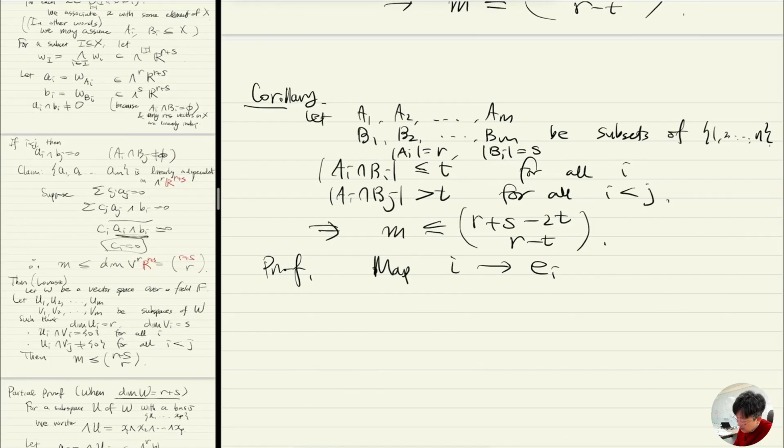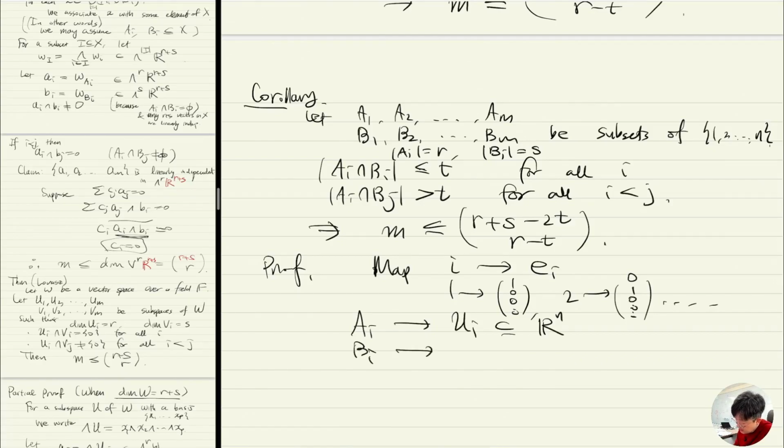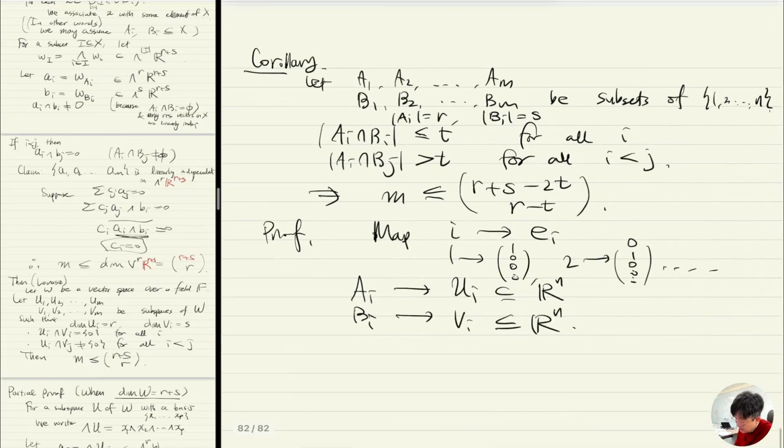So if you have number 1, it maps to 1 0 0 0, number 2 is mapped to 0 1 0 0 0, right? And then you can map each Ai to a subspace Ui of R to the n, and Bi as a subspace Vi of R to the n.